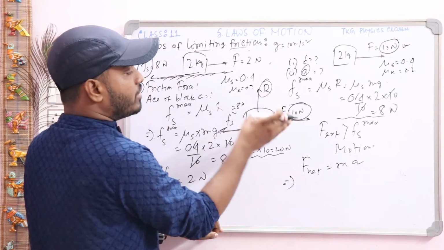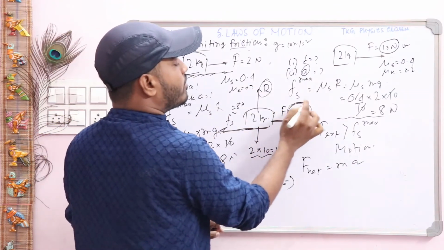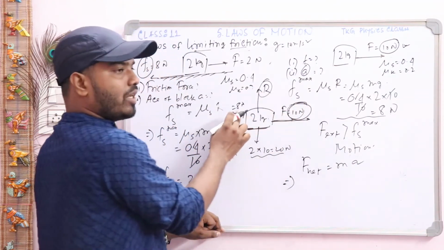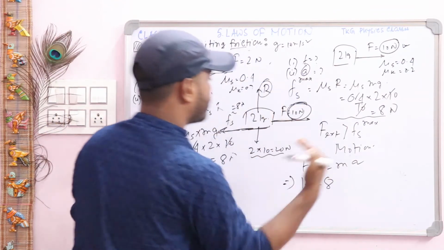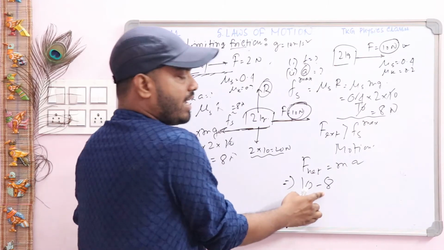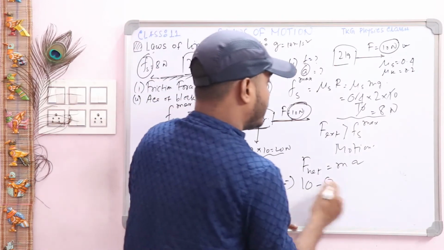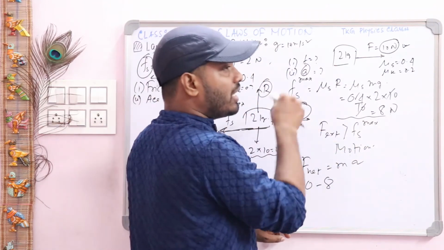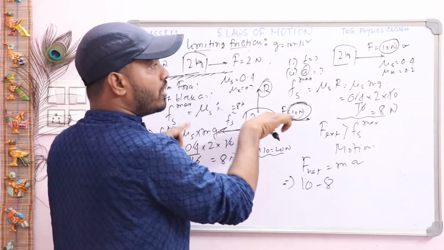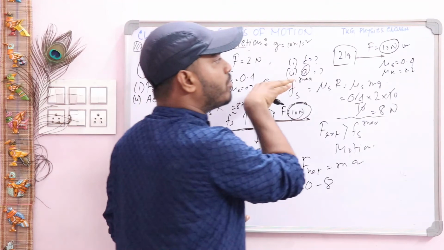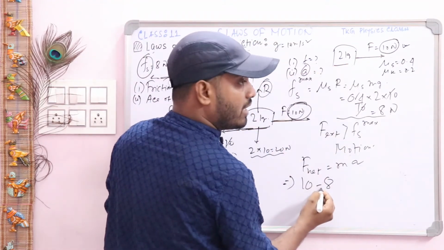So net force means the higher force minus the lower force, that is 10 minus 8. When two forces are along the same direction, net force is F1 plus F2. But here the two forces are opposite, so the net force which moves the body forward is 10 minus 8.